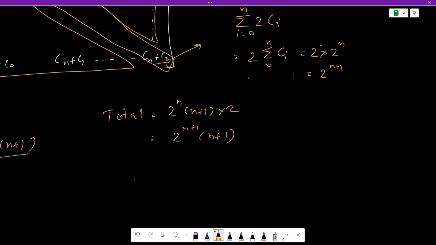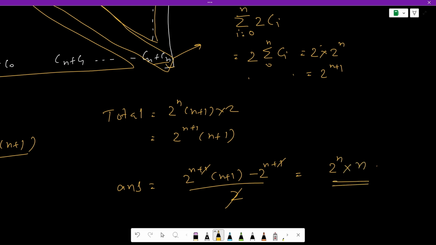Now we can get the final answer, which will be total minus diagonal by 2. So 2 to the power n plus 1 into n plus 1 minus 2 to the power n plus 1 divided by 2. So this will be equal to, we can cancel this 1 and 2 to the power n into n.